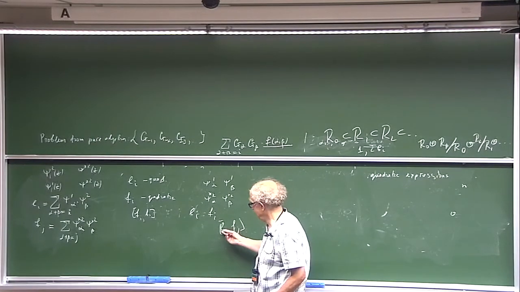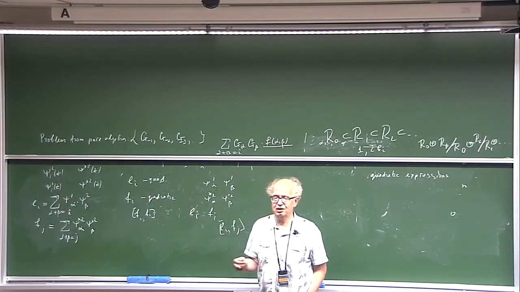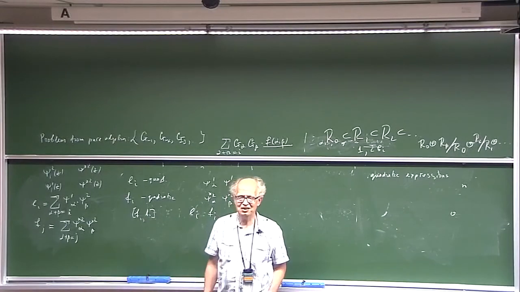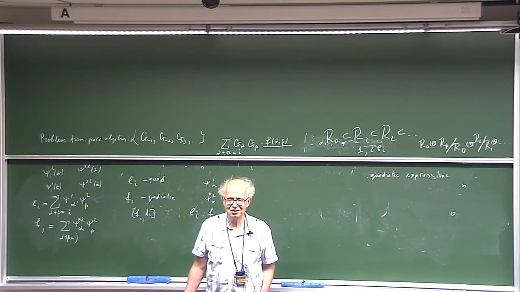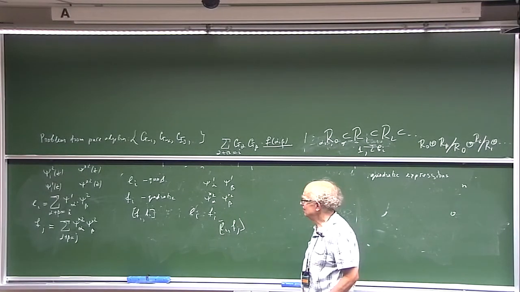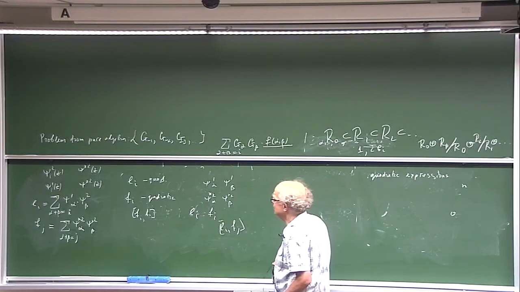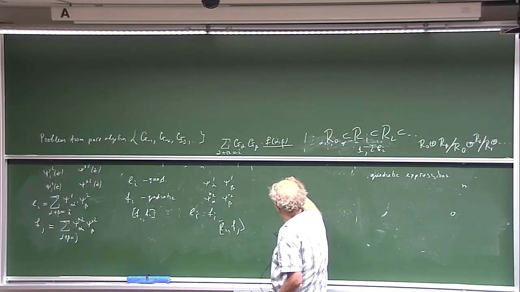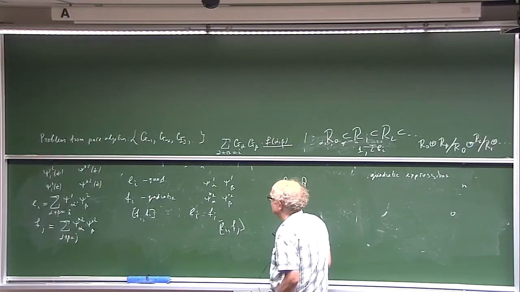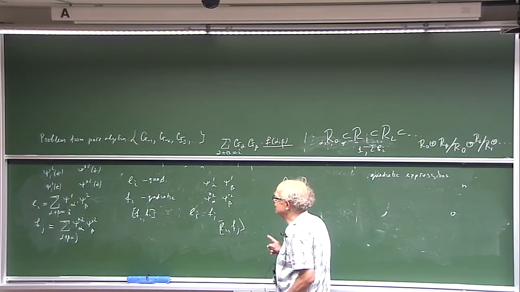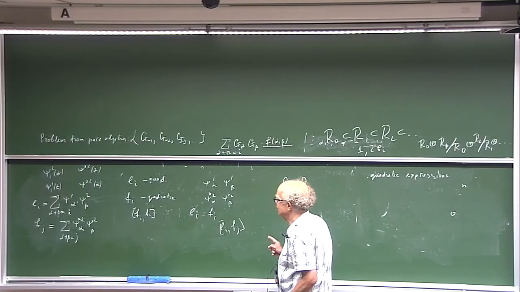To calculate it, you find this, then find the bracket of the result with E_i and F_j, and just look at what this is. And the problem with G and Q is not so much more complicated, but technically a little bit more than that.